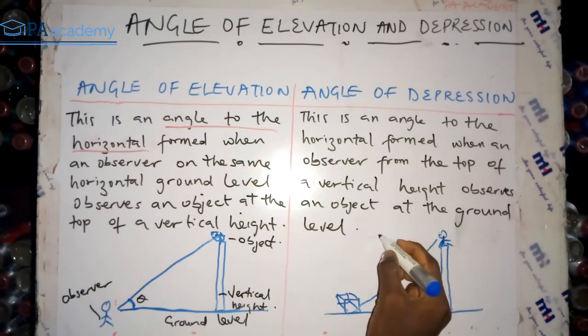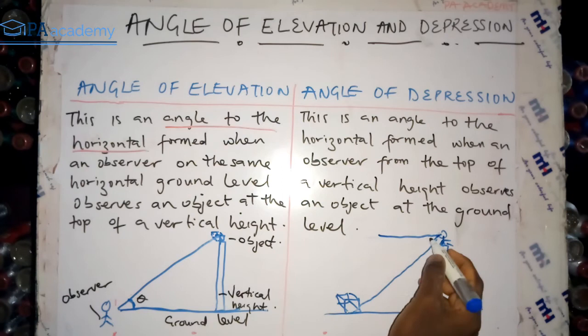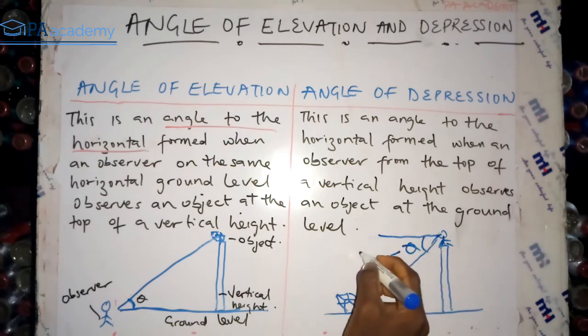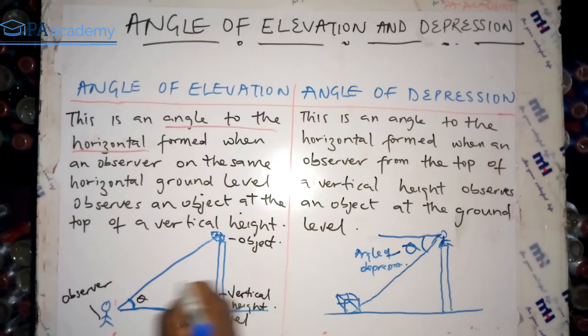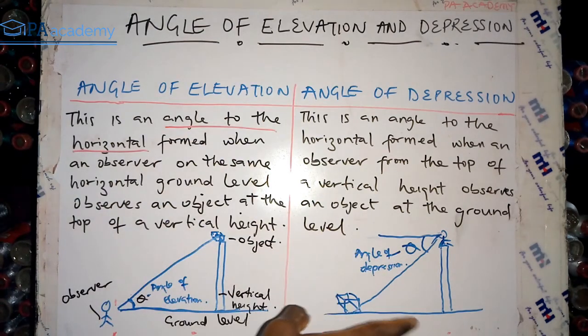Now this angle here is what we call the angle of depression, while this is the angle of elevation. This diagram explains the difference between the angle of elevation and angle of depression.